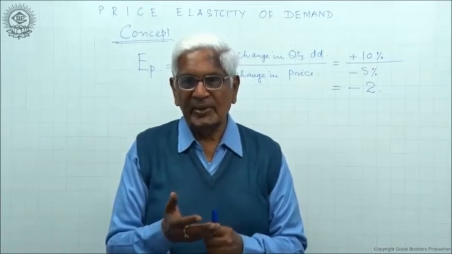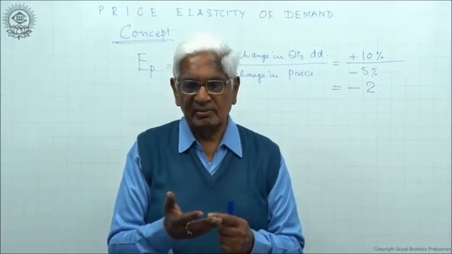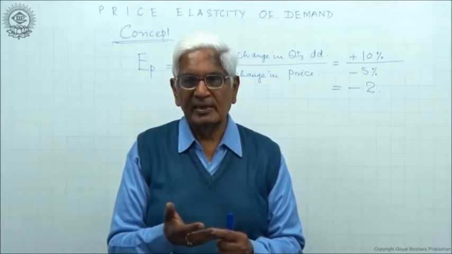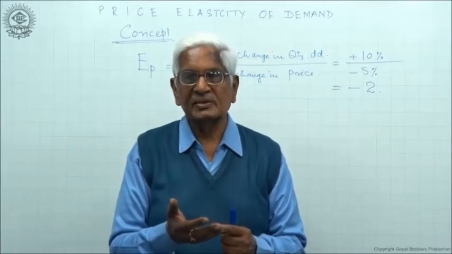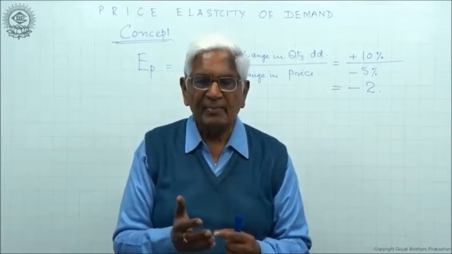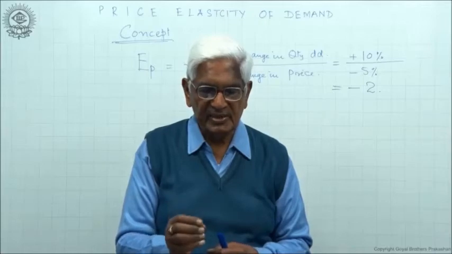So minus 2 will mean 1% fall in price leading to 2% rise in demand. This is how we interpret the numerical measure of price elasticity of demand.